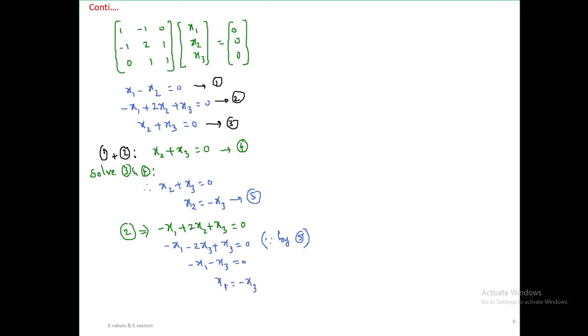Look at equations number 5 and 6: x2 is minus x3 and x1 is minus x3. Therefore, let x3 be some k, which belongs to the non-zero real numbers.